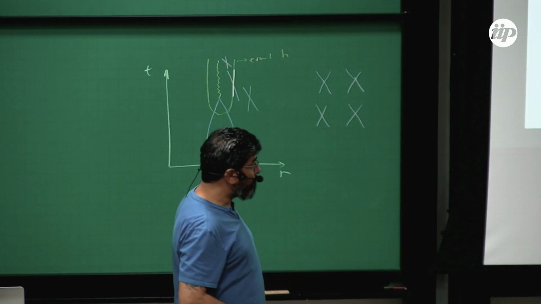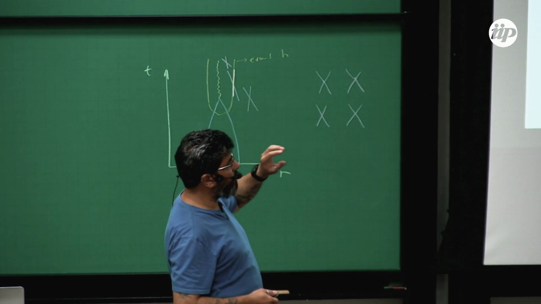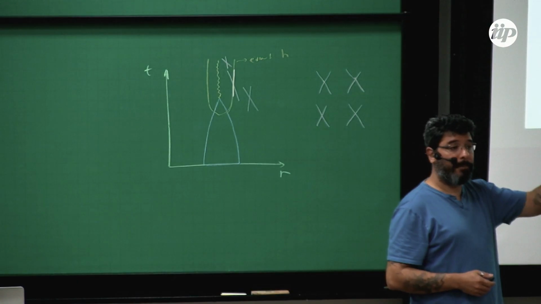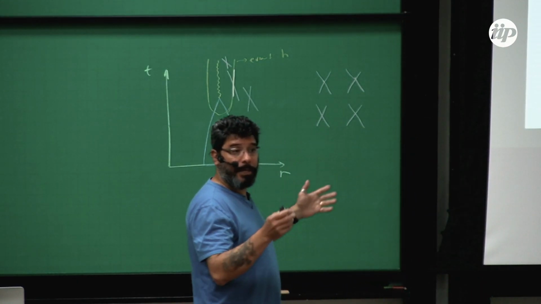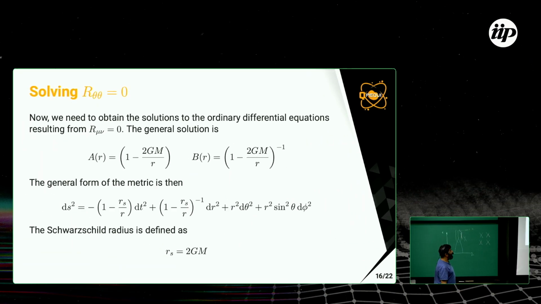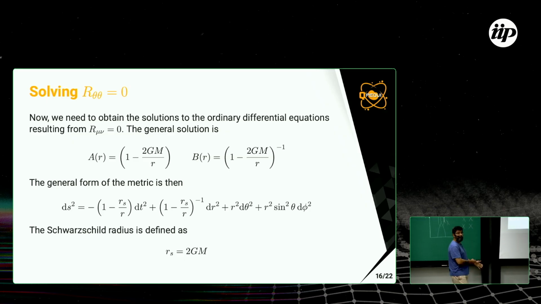But these sort of things we can understand: geodesics, the deflection of light when passing through the sun, the derivation of Mercury's perihelion and everything like this. So this was the first solution derived, not by Einstein, but by Karl Schwarzschild, just 3 months after Einstein published his paper, his theory.